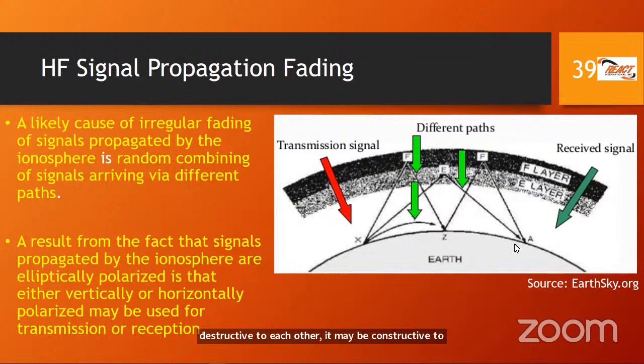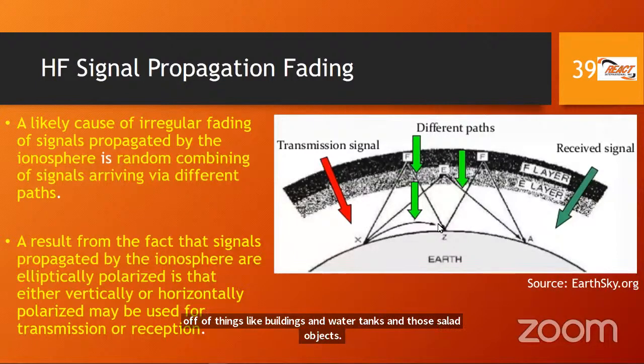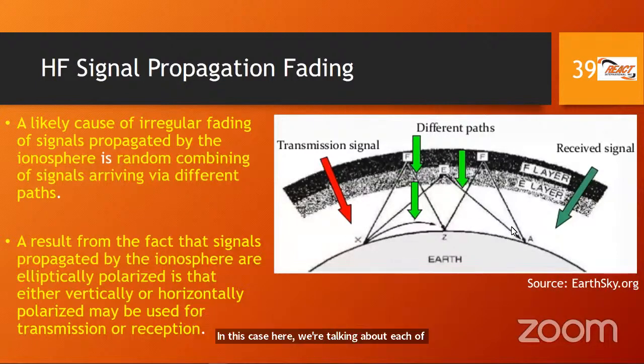If you were to say multipath propagation, you'll be quite correct, because that's where we saw it, except that those were typically VHF and UHF signals bouncing off of things like buildings and water tanks and those solid objects. In this case here, we're talking about HF propagation, but you have the same thing where the signal will arrive at the other end through various pathways that causes the signal to be affected.